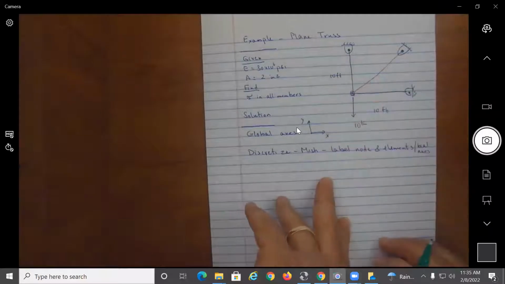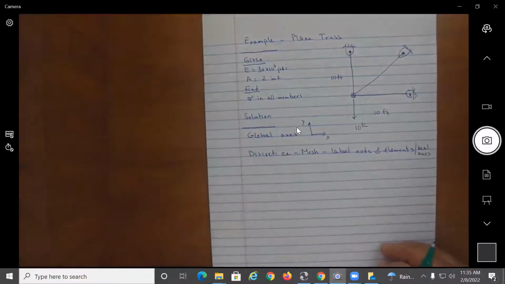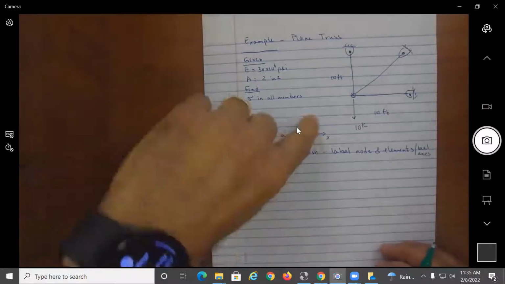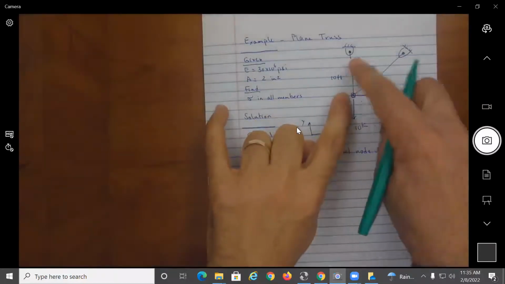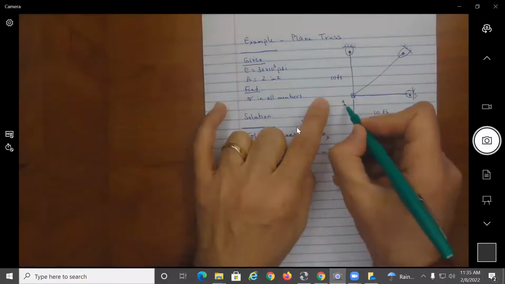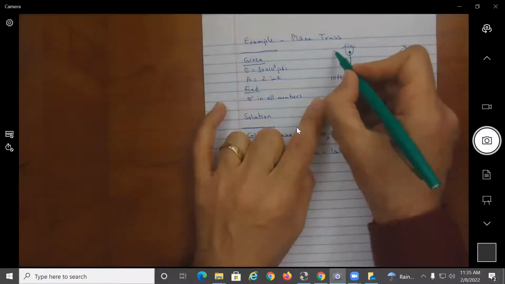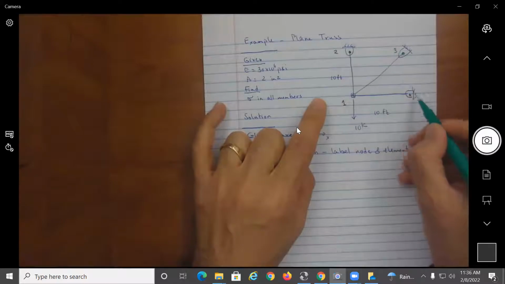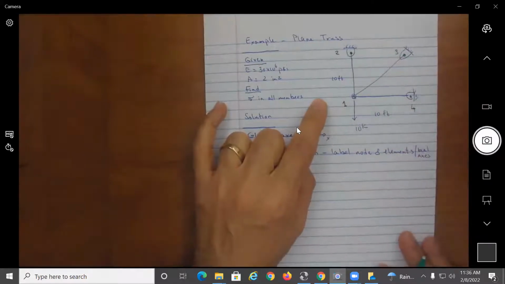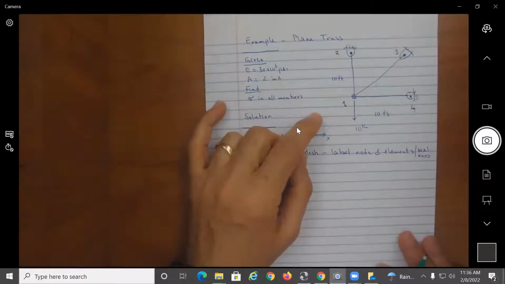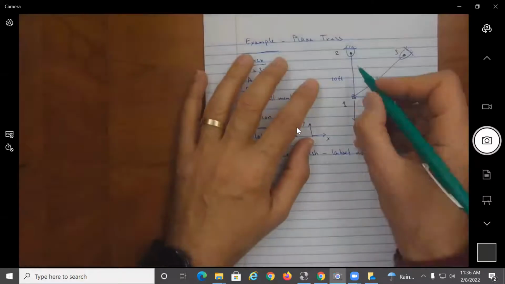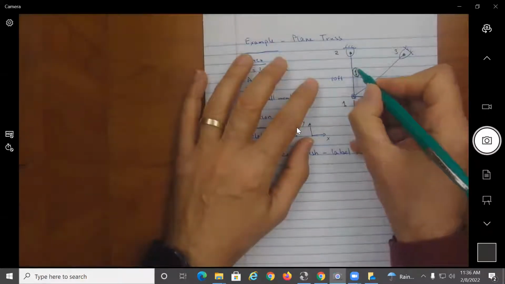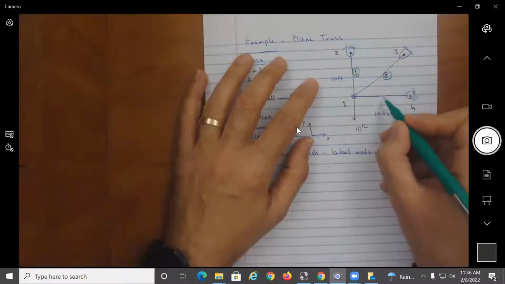I have 4 nodes, 3 of them are restrained. In order to make the elimination easy, I want to keep this at the top and this at the bottom. So I'm going to call this 1. I'm going to make this 2. I'm going to make this 3 and this 4. And this will make more sense when we write the equations. Okay. I'm going to define element 1, element 2, and element 3.